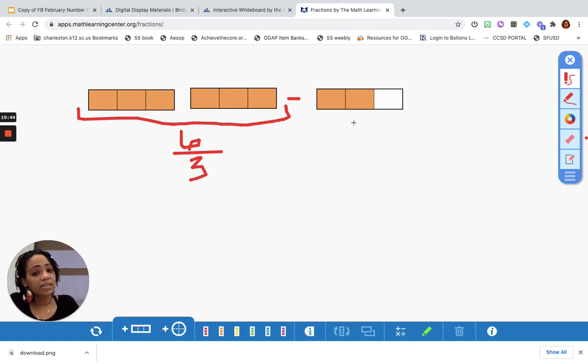Right, I had 6/3, and I am now taking away 2 of the thirds. So how many thirds am I left with? I'm left with only 4/3.